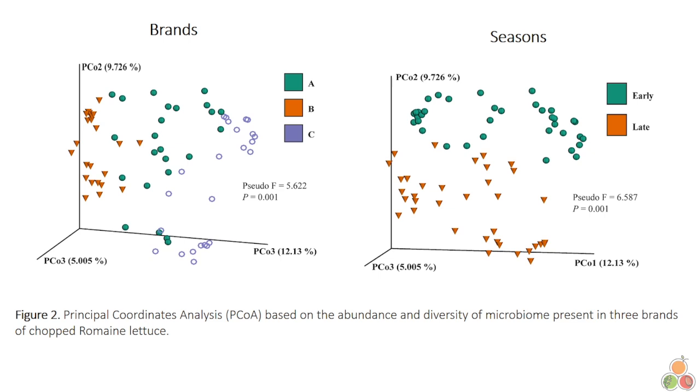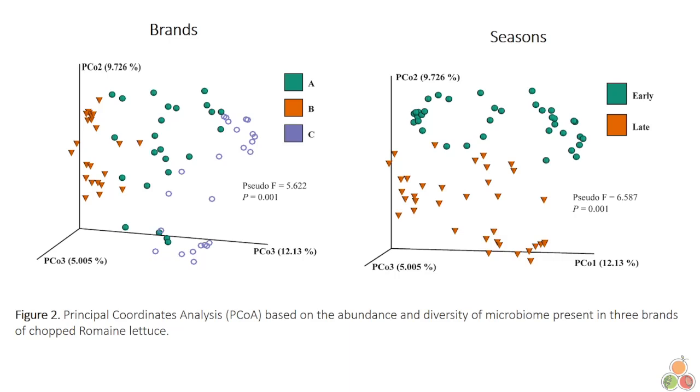You can see that the A product, based on the diversity and the relative abundance of those bacterial populations, kind of group together. This is B, the red one is B. The A product kind of grouped together, and the C, they again grouped together, okay?